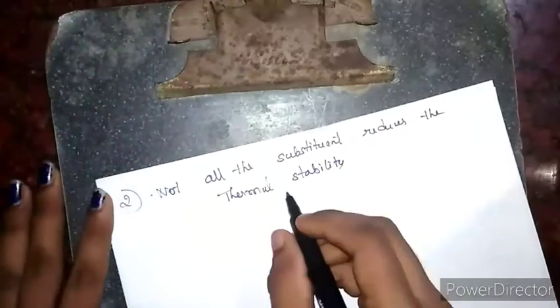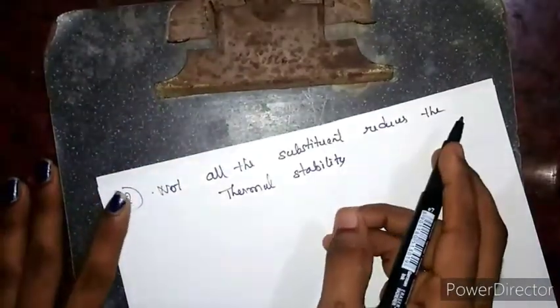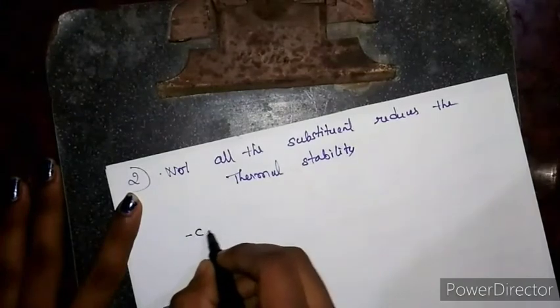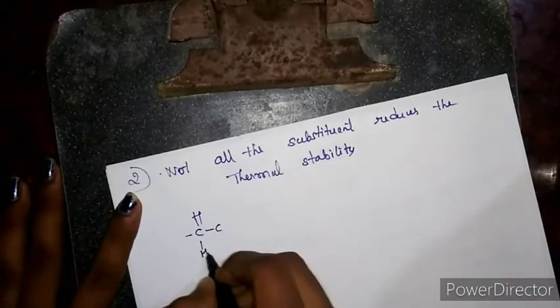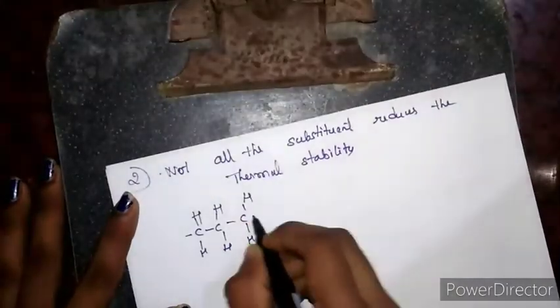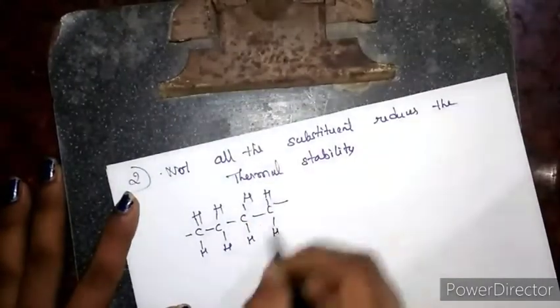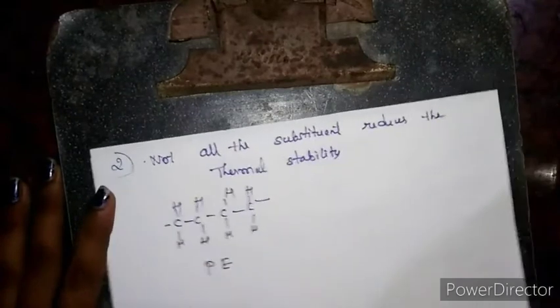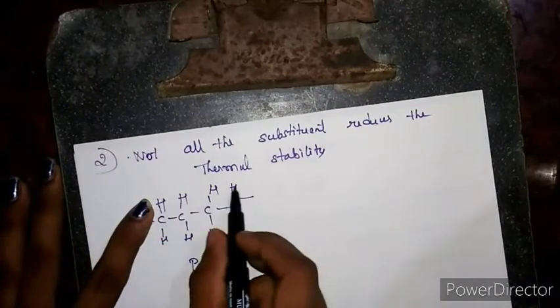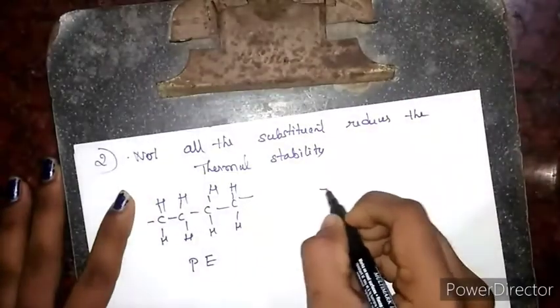Not all substituent groups reduce the thermal stability. For example, if you consider this, what is this polymer? This polymer is nothing but polyethylene. Now what I do is I replace all the H by fluorine atoms.